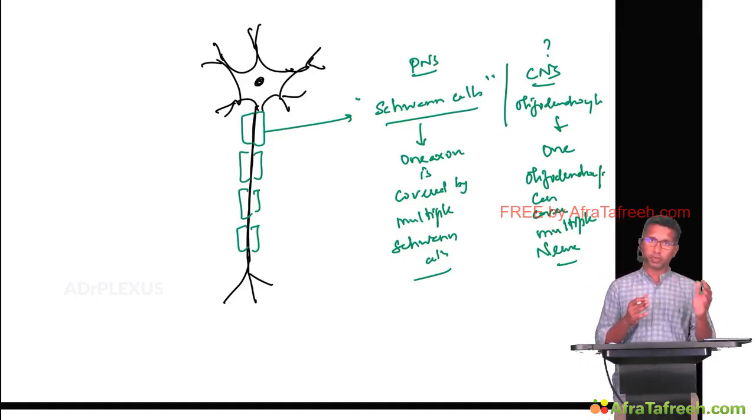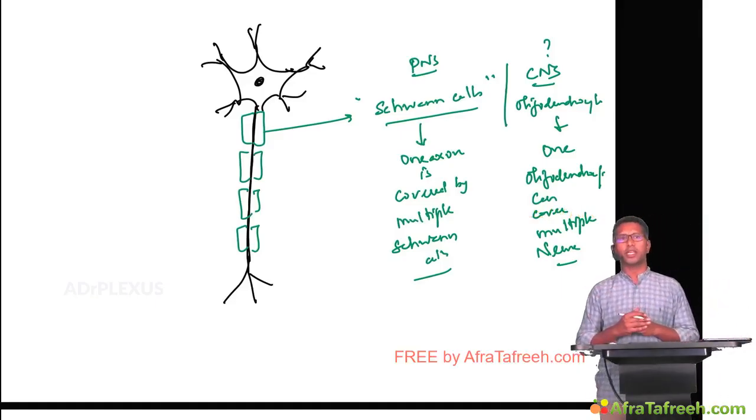That is the difference between these two. Usually in Schwann cells, multiple Schwann cells cover a single axon, but one oligodendrocyte can myelinate multiple axons. One is present in the peripheral nervous system and the other is present in the central nervous system, guys.